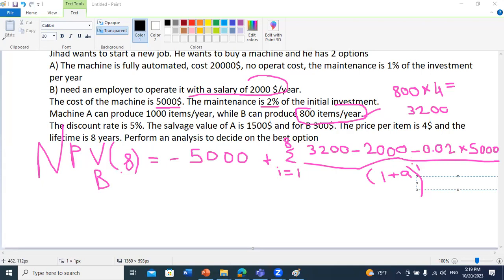And of course, don't forget the salvage value. So we should add, so plus 300 over 1 plus A to the power 8.